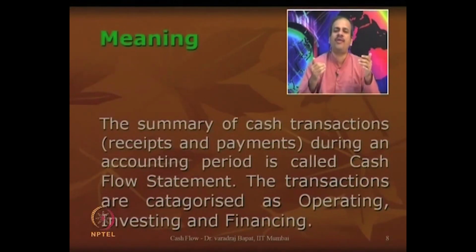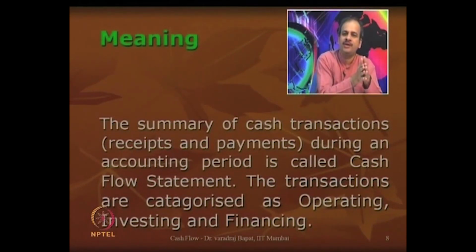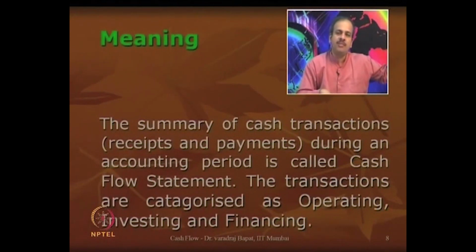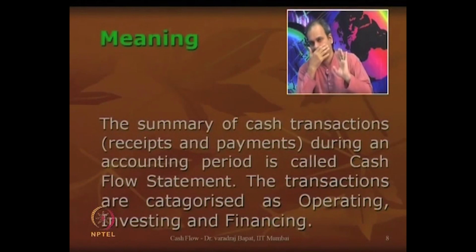Like that, there are a number of items. That is why cash flow statement is not exactly same as P&L. It has some items which are day to day in nature, which emerge from P&L. It has some items which come from a long term type of transactions which come from balance sheet.